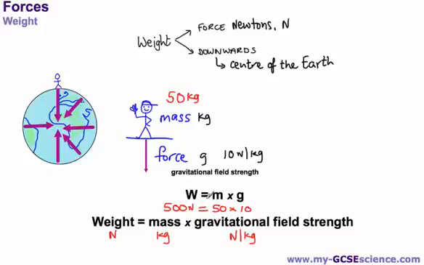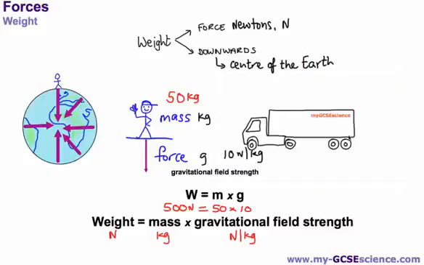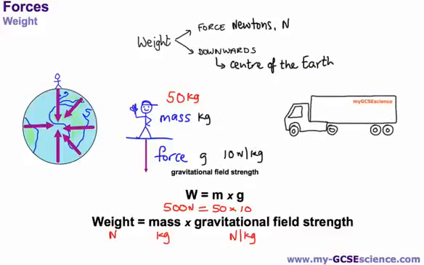So if we know that the weight depends on these two things, a bigger object that has a bigger mass is going to have a bigger weight, and that just seems to make common sense, really. So this will have thousands of kilograms of mass, and each one of those kilograms of mass will be pulled towards the earth with 10 newtons of force.